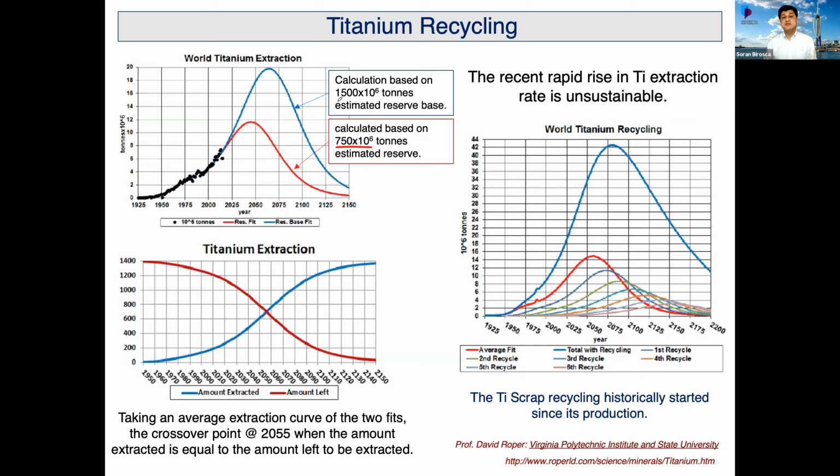Another database he used has a higher amount of titanium on Earth, about 1500 multiplied by 10 to the 6 tons estimated reservoir.